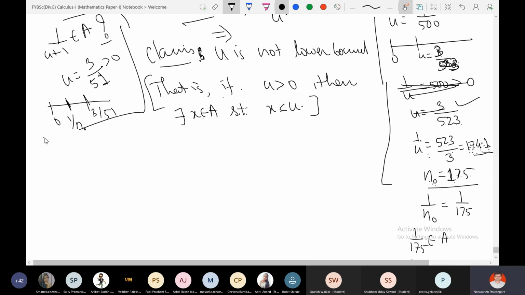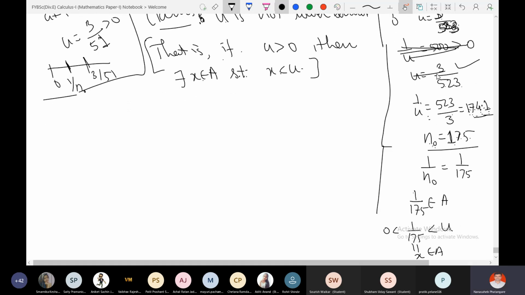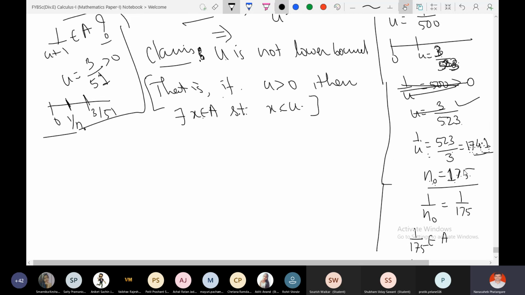And what is the procedure? This I did for a particular u, and then I could produce some number 1 by n naught which is a member of the set and less than u. So how do we make this general? Since u is greater than 0, 1 by u is greater than 0, right?